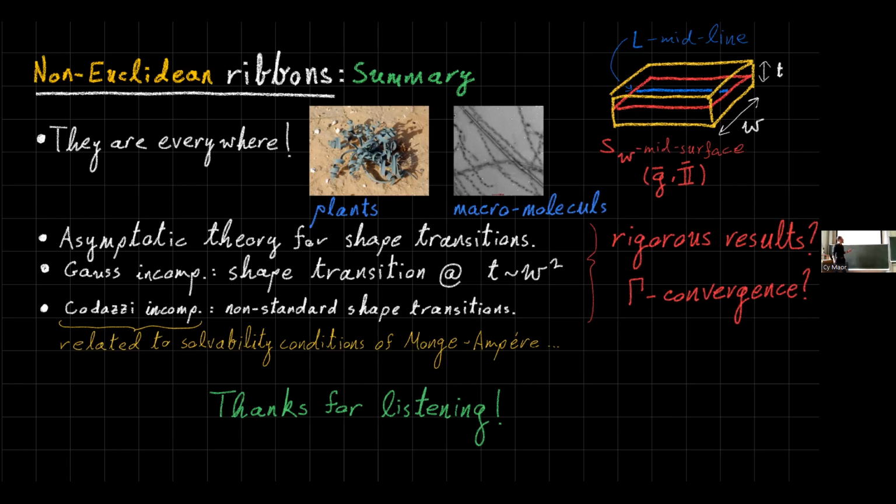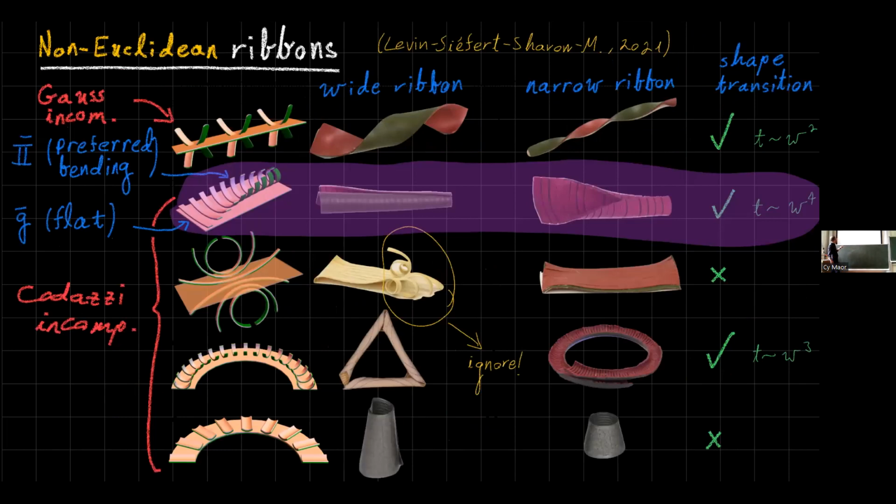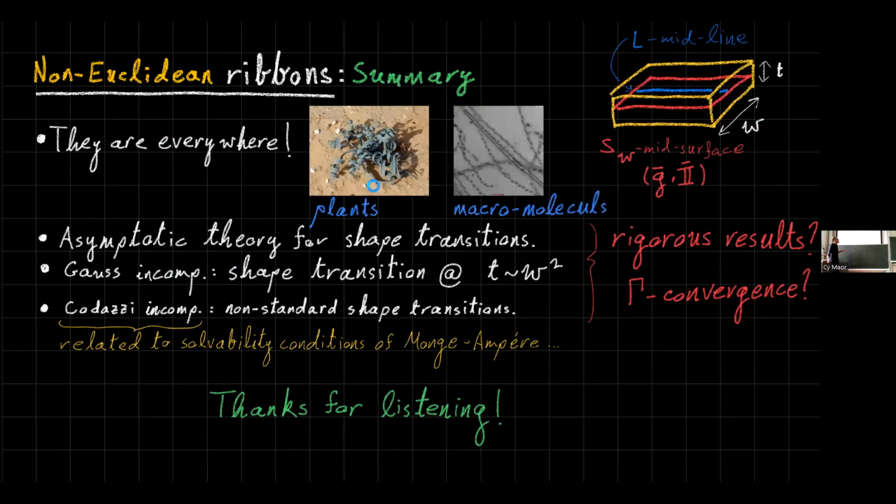And chemists saw that different ribbons look rather differently. So it's very difficult to see here, but some of them really look like this, whereas the wider ones look like this, and they wondered why this is happening, and indeed this theory can give explanation and measurements or predictions on how these molecules behave.